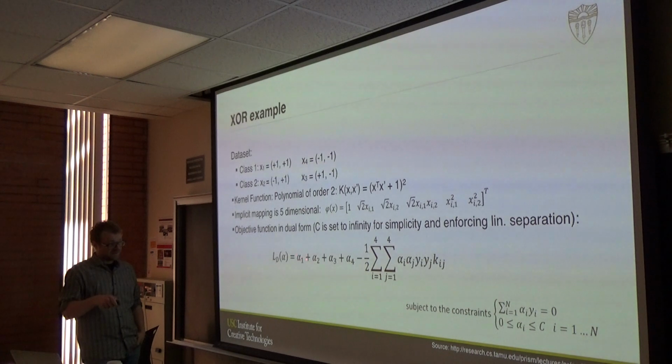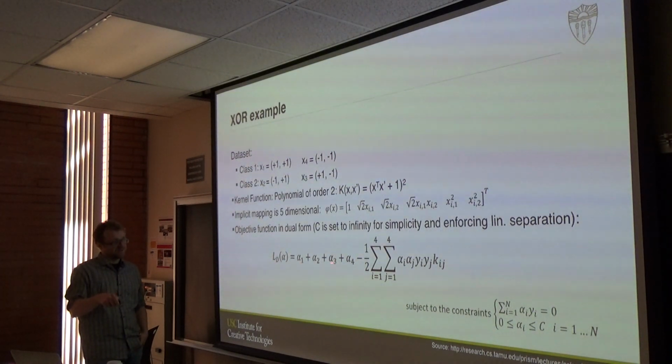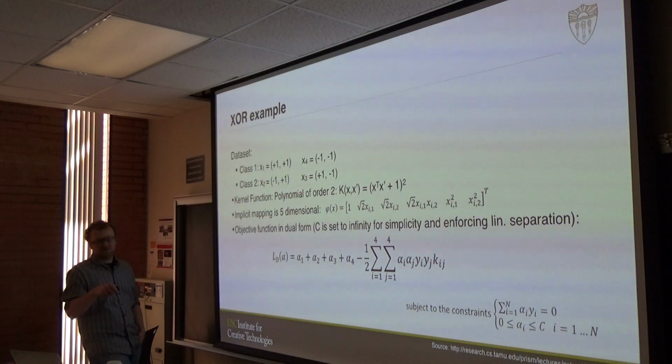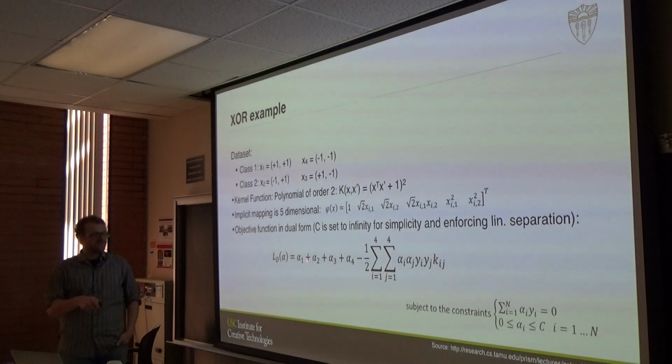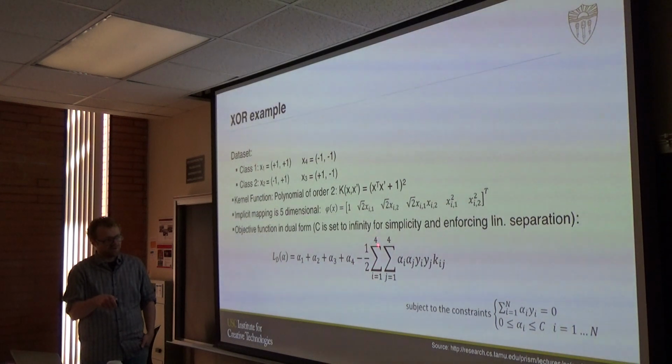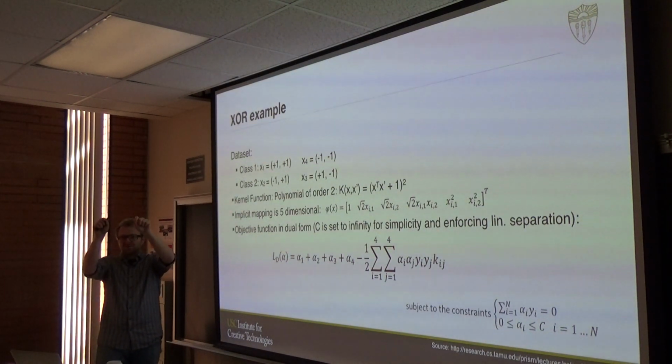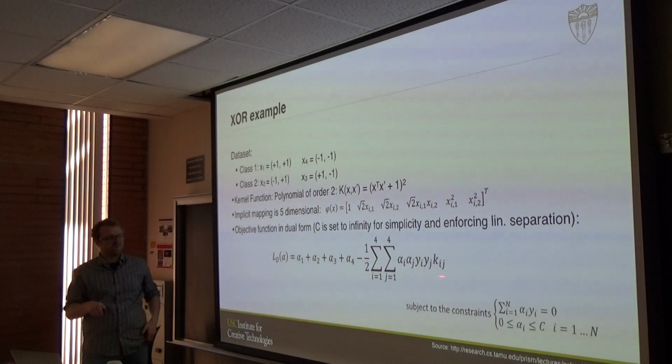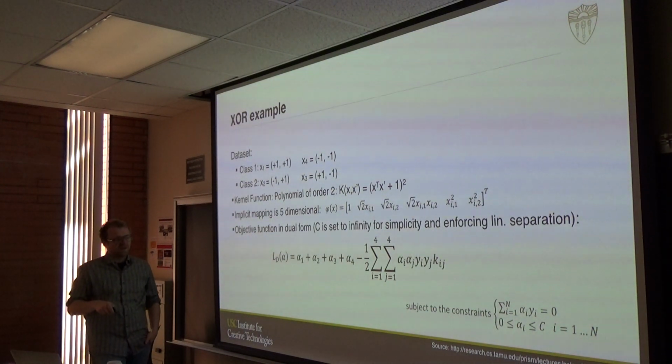So in our dual form before, we had basically a sum over all the alphas. We can write that down here, and alpha we know is dependent on the number of observations rather than on the number of dimensions. So we have 4 of those, and then we go from i to 4. This is going over all the data points, as well as j to 4, because we have to compute all the similarities between all the data points within our data set.